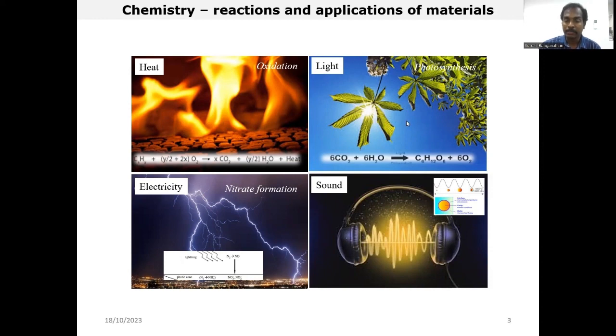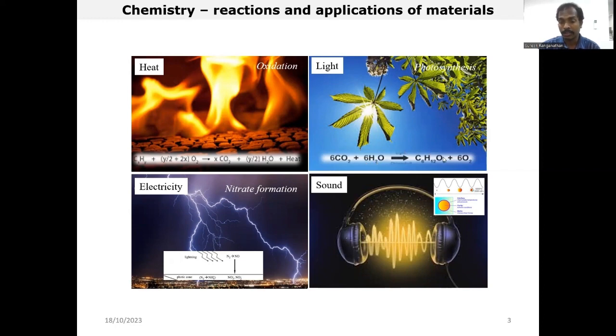On the other hand, chemical reactions can also be performed by using light. The best example is photosynthesis. Plants do photosynthesis and thus they can produce food for us. Photosynthesis is nothing but the reaction between carbon dioxide and water in the presence of light.